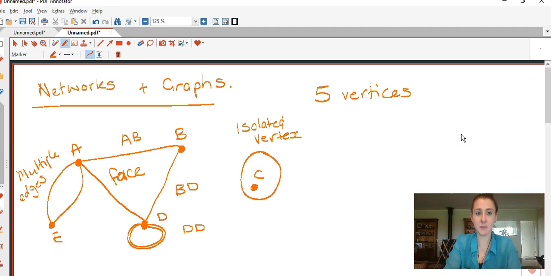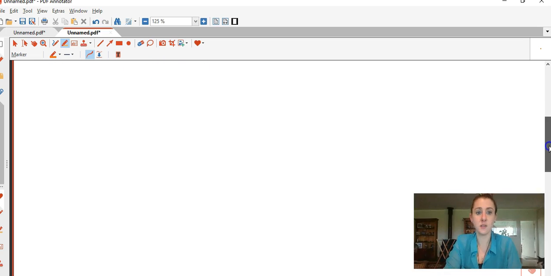So now that we've got some of that basic terminology down, let's have a look at a few other parts of a graph that we've talked about. So I'm just going to draw up a new graph, and we're going to talk about the degree of a vertex.